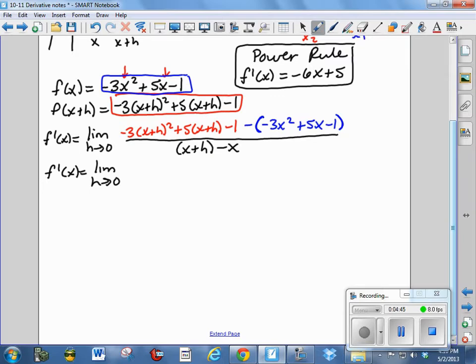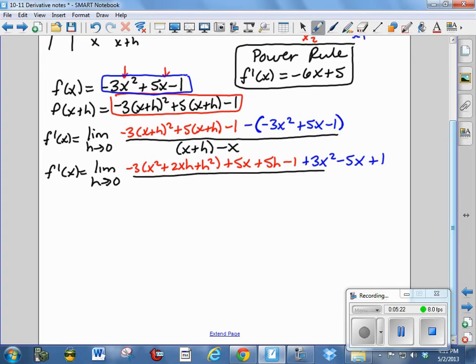I'm going to have to expand (x plus h) squared, so this becomes negative 3 times (x squared plus 2xh plus h squared) plus 5 times x plus 5 times h, distributing the 5, minus 1, and then minus a negative 3x squared, which becomes plus 3x squared, minus 5x, and then minus a negative 1 becomes plus 1. I'm getting close, but not completely done here.